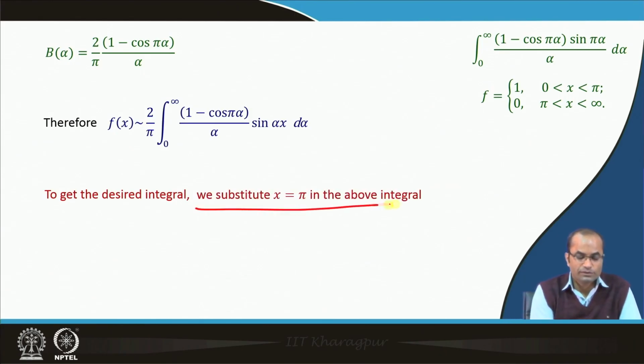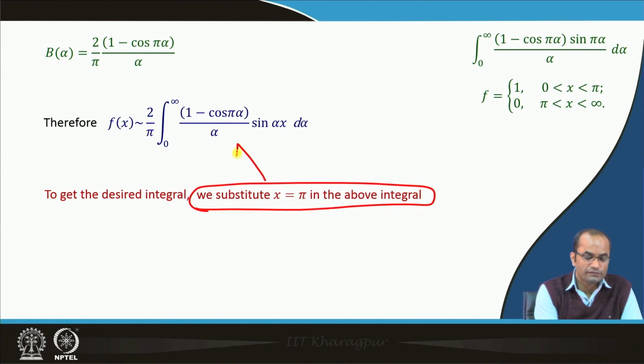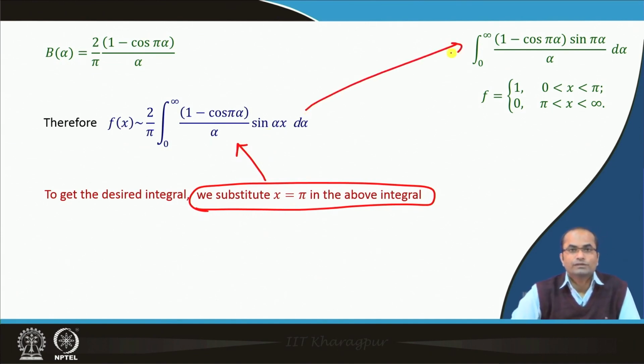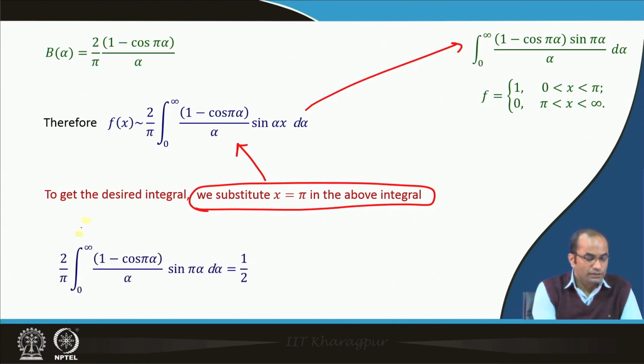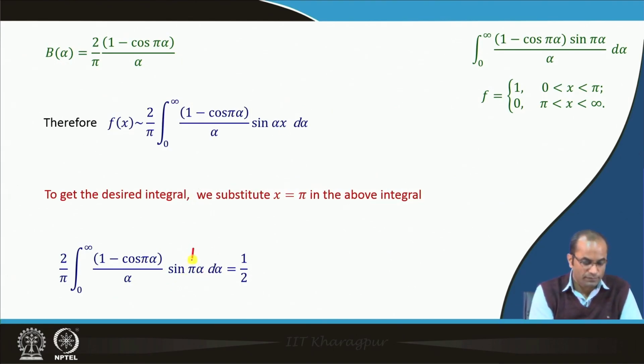If we substitute x equal to pi in the above integral, we will get exactly that integral which is the point of the question. So, here we have 2 over pi, (1 minus cos pi alpha) over alpha, and sin of x, where x is replaced by pi.